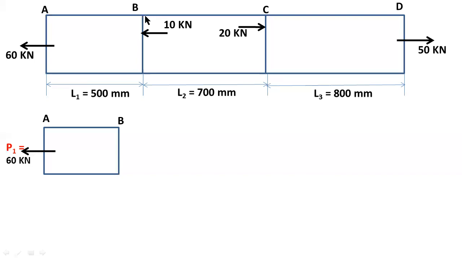But at point B, the load is 10 kilonewtons, and we need 60 kilonewtons at B. That's why I am considering two equal and opposite 60 kilonewton loads like this.